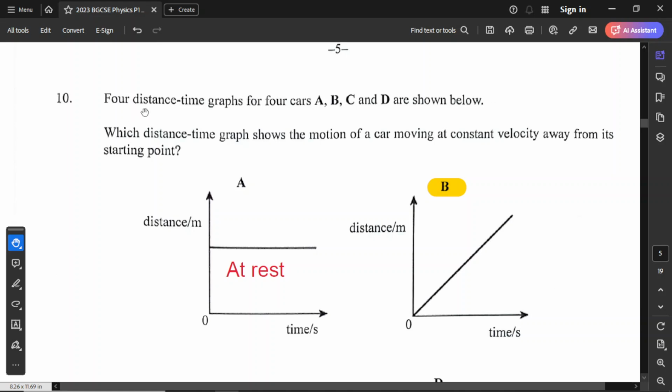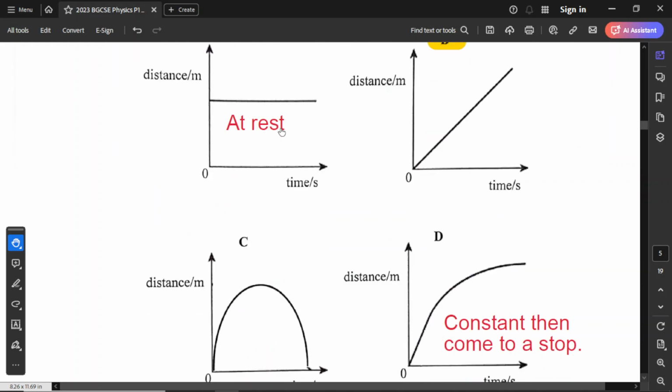Again, it is very important to note this is a distance-time graph, not a velocity-time graph, so don't be confused or make a mistake. Let's show you the 4 graphs now. If you look carefully, graph B shows a constant slope. That means every change in distance is given an equivalent amount of increase in time, and therefore it is a constant velocity. So B has to be the correct answer.